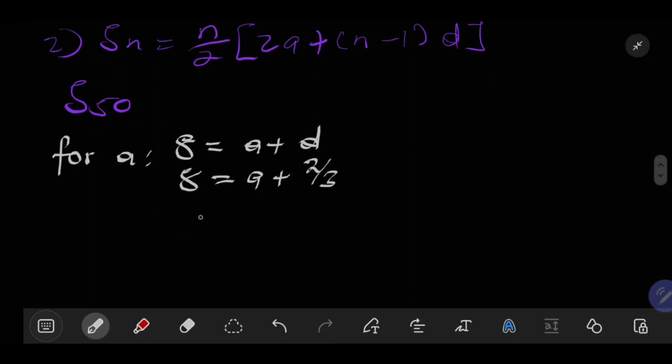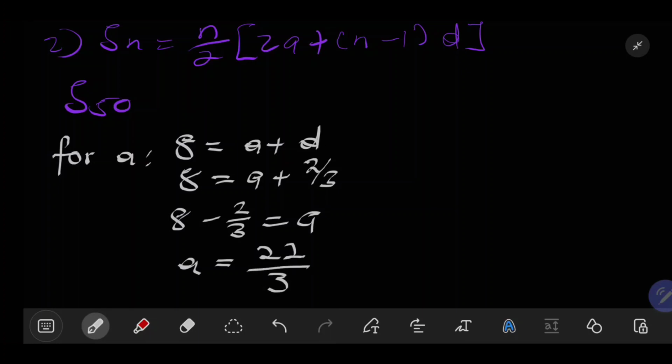Let me not complicate things for my maths learners. Then we subtract 2 over 3, and a is equal to, using the calculator, 22 over 3. So now we know our a value.